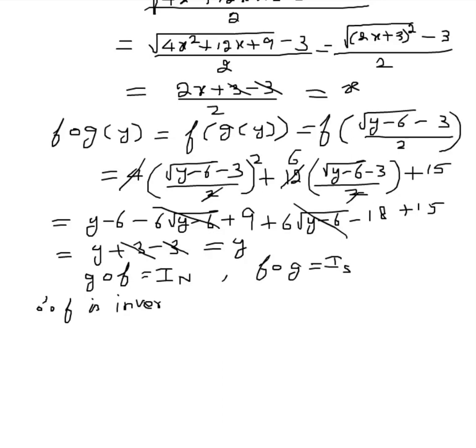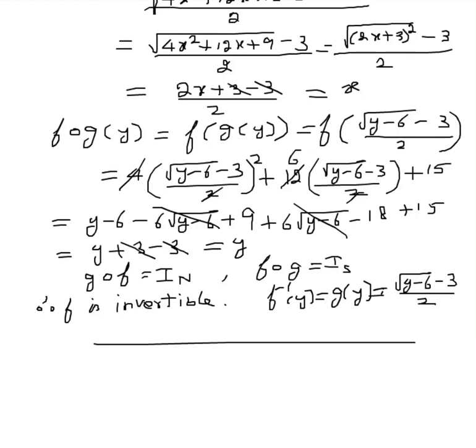Actually, both are invertible functions, f and g. And we have to write f inverse. F inverse of y is g of y, which is root of y minus 6, minus 3, divided by 2. And since we have root of y minus 6, y should be greater than or equal to 6. Otherwise, it will become a complex number.